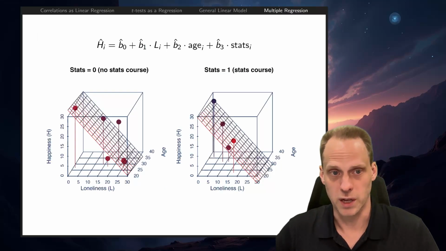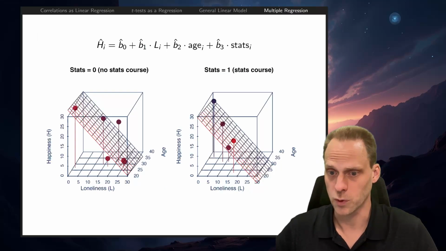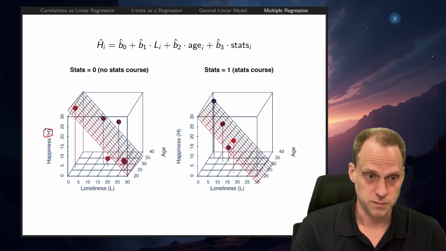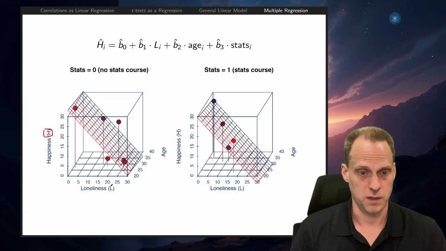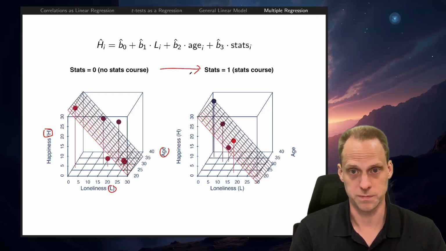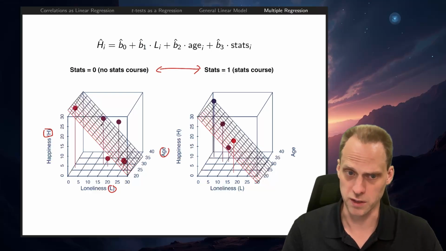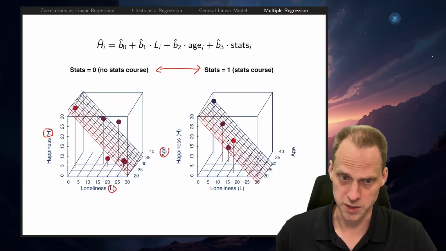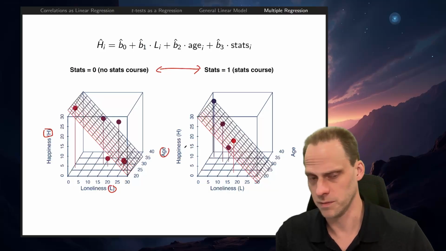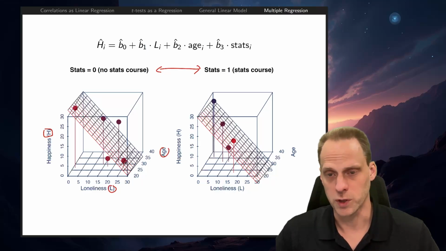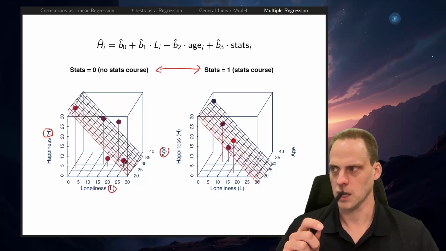Right, so what does this look like? Well, I said it's hard to visualize in 4 dimensions. We can still do it in this case, because we have one grouping variable. We have happiness, and the predictors are loneliness, age, and the grouping variable. So a different line between the subjects that take stat courses, and the subjects that do not, in this case. We can see now our linear model is no longer a line, really.